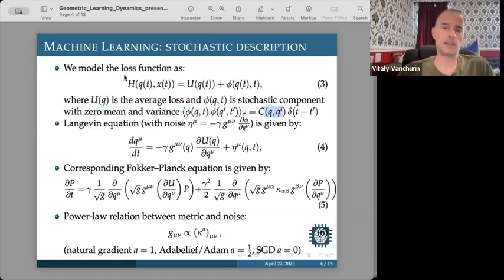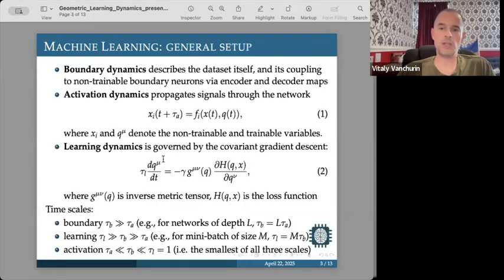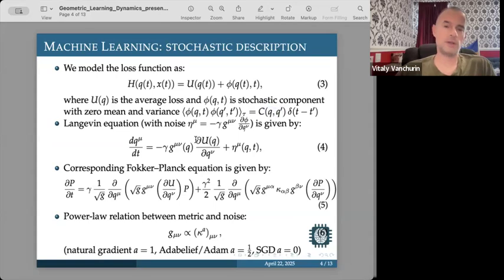Now, if that's the case, then the gradient descent equation can be rewritten as a Langevin equation, number 4, which looks very similar to what you had here, but now H is separated into two parts: the non-noisy part, the average part, and then the noise.